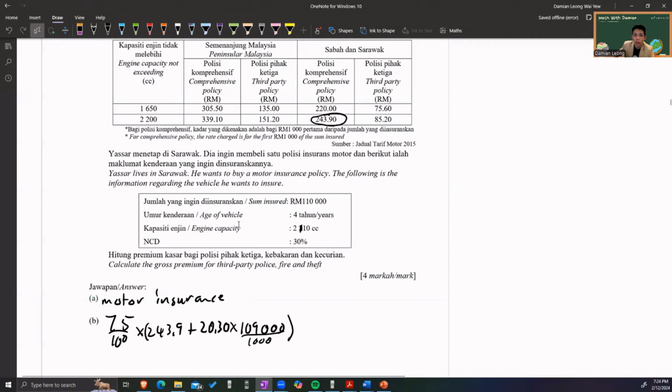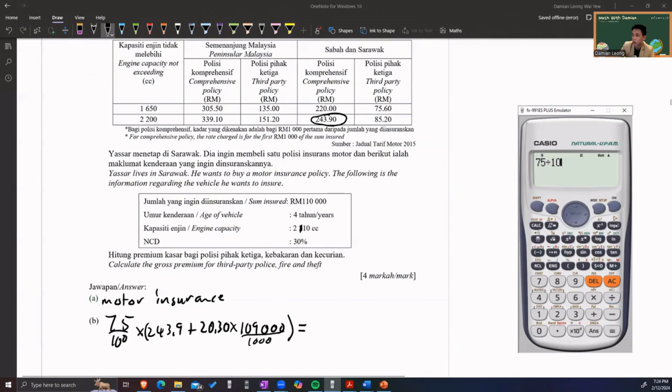We calculate that first. So 75% times bracket 243.9 plus 20 ringgit 30 cents times 109,000 over 1,000, or you can just use 109.